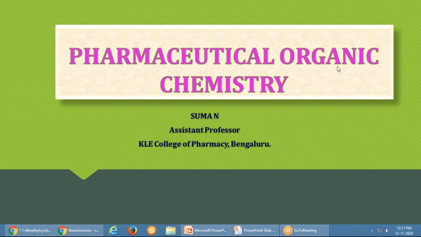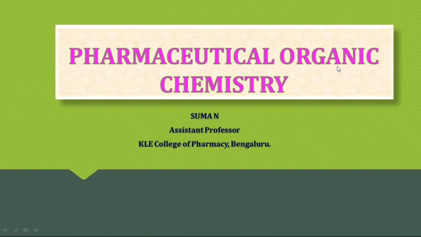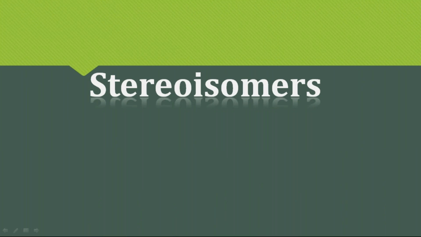There are two main types of isomerism: structural isomerism and stereoisomerism. We have discussed structural isomerism, its definition and classification with examples. So today's class we discuss stereoisomerism.